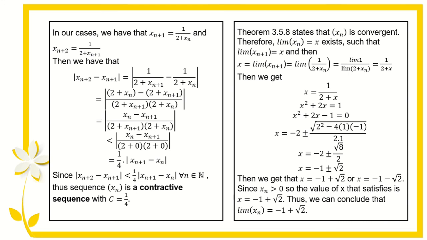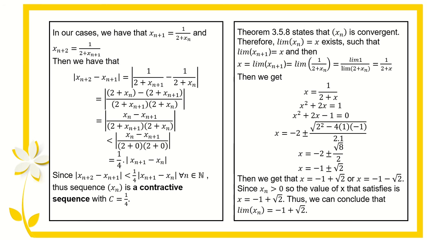Since we have the absolute value of xn plus 2 minus xn plus 1 is less than or equal to 1 over 4 times the absolute value of xn plus 1 minus xn for any n in the natural numbers, thus the sequence xn is a contractive sequence with c equal to 1 over 4. Then, theorem 3.5.8 states that xn is convergent.